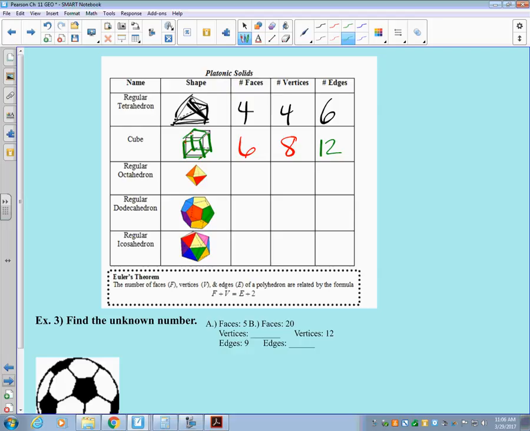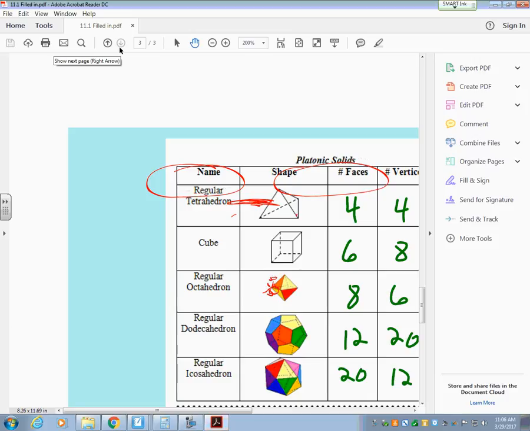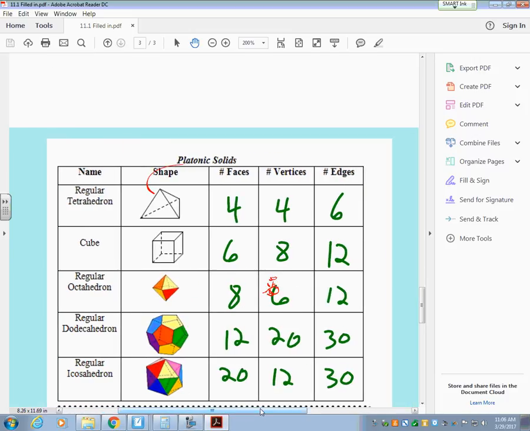Regular octahedron. Okay, so now let's go ahead and save ourselves some time, and we're just going to fill this in. So octahedron, somewhere there's going to be an 8 rolling around in our process.